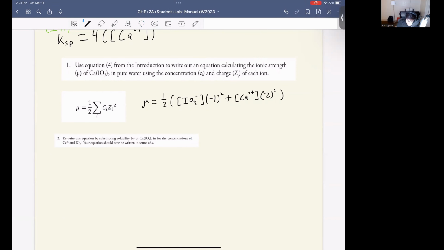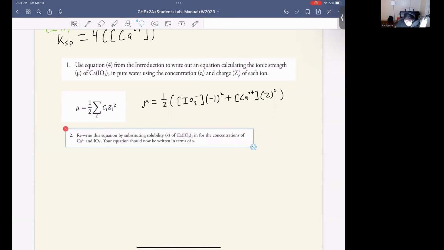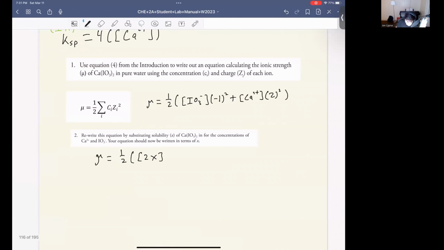Then you're going to write this in terms of X, or just the concentration of calcium, just so you don't have to plug in as many numbers, which is essentially why they're having you do this. So X is the concentration of calcium. We know from the last one that iodate is 2X, double the concentration of calcium.